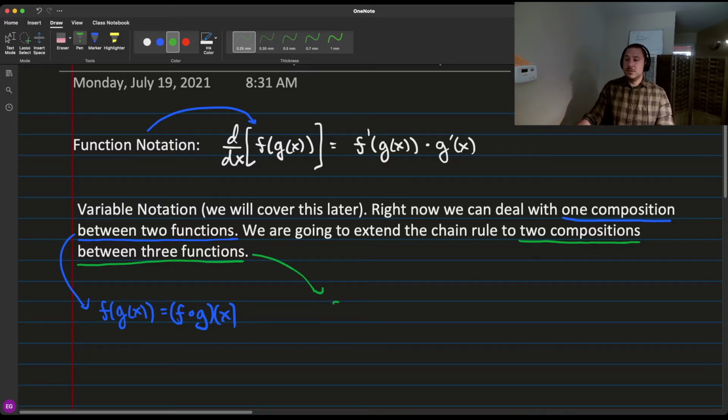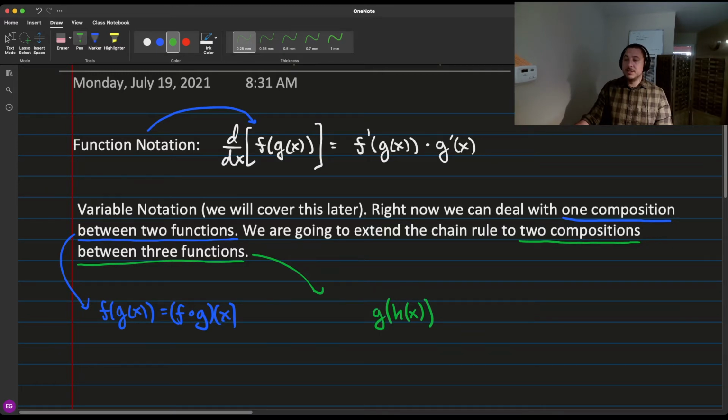So what you could do is f compose g, and then you can compose that again with h. The way we would normally write that is like this. The h of x, you start there, and that gets fed into some function g of x.